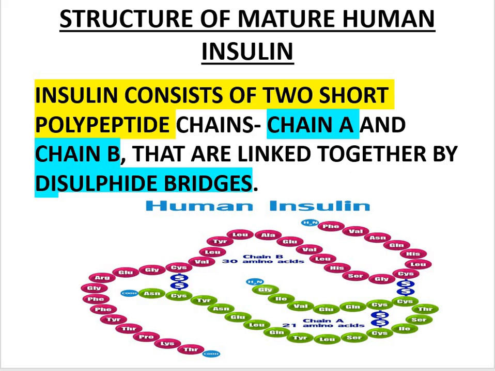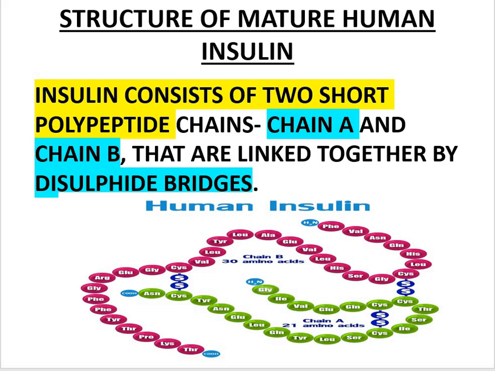But when the scientists tried to put the gene of human insulin inside a bacteria and get a mature insulin product, they were not successful. This is only because the gene had the information to produce all A, B, and C chain.